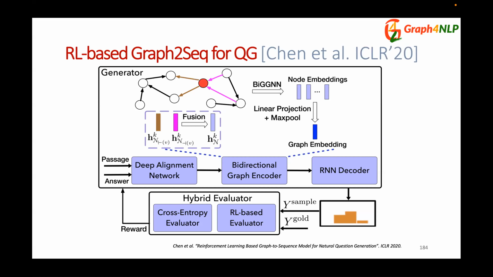In order to better capture the rich structure information in the passage text, the authors proposed to construct a passage graph which contains each word in the passage as a node, and then apply a graph neural network to encode the graph.